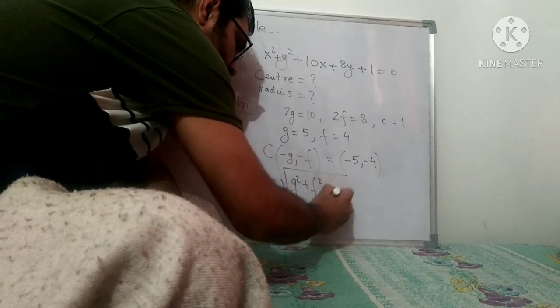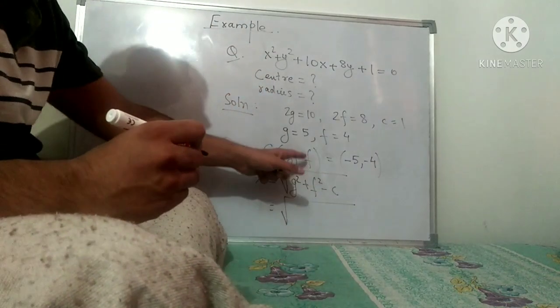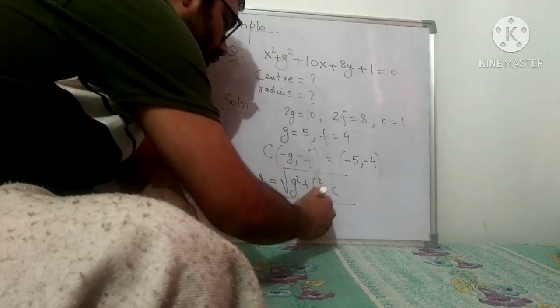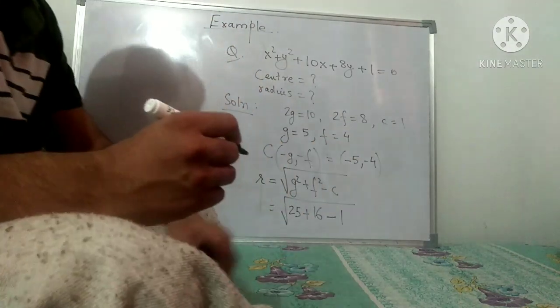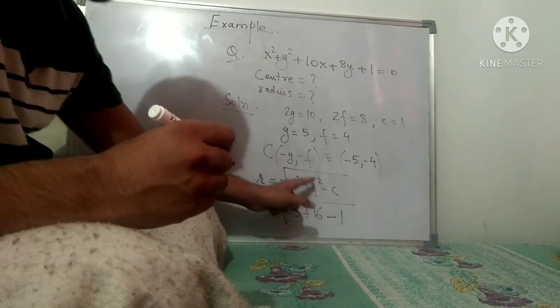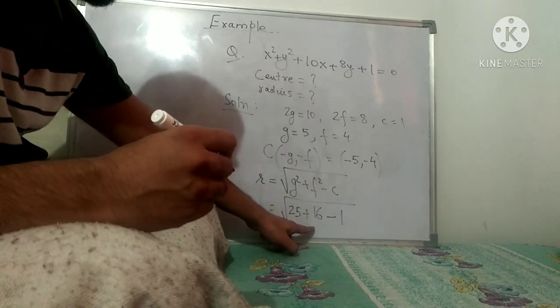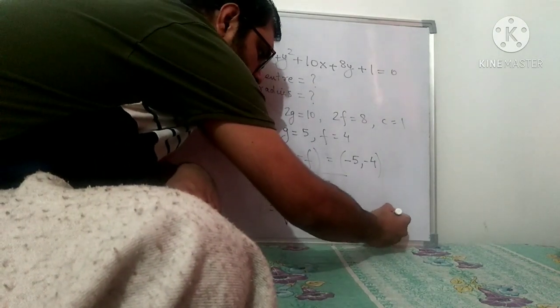Now we apply the formula for the radius of the circle, square root of g square plus f square minus c. The value of g is 5, so g square is 25. The value of f is 4, so f square is 16, and then minus c is equal to 1. So this becomes 25 plus 16 minus 1, which is 40.